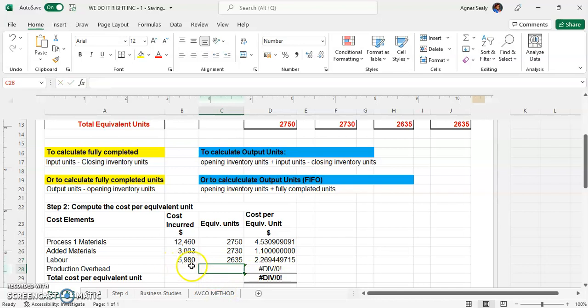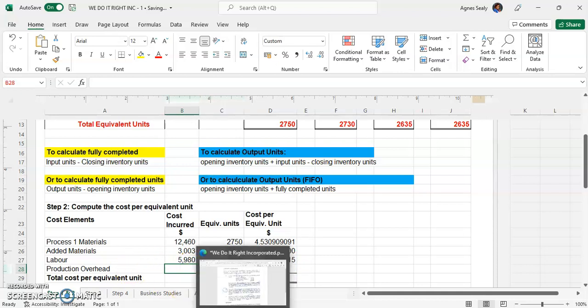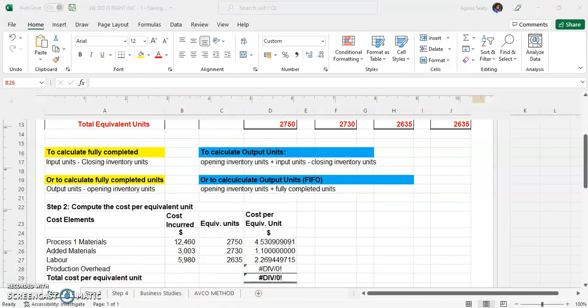So $5,980 divided by 2,635 gives us a cost per equivalent unit for labor of $2.269449715.